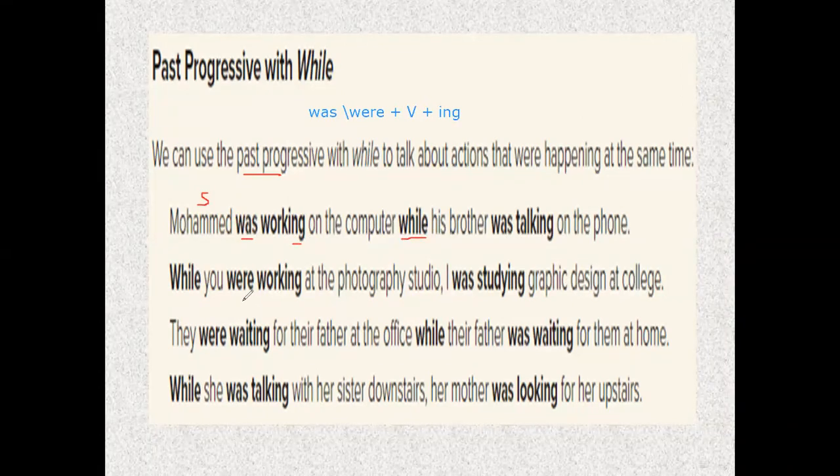Also, we use past progressive, but we use here were plus ing because the subject here is you. They were waiting for their father at the office, while their father was waiting for them at home. While she was talking with her sister downstairs, her mother was looking for her upstairs.